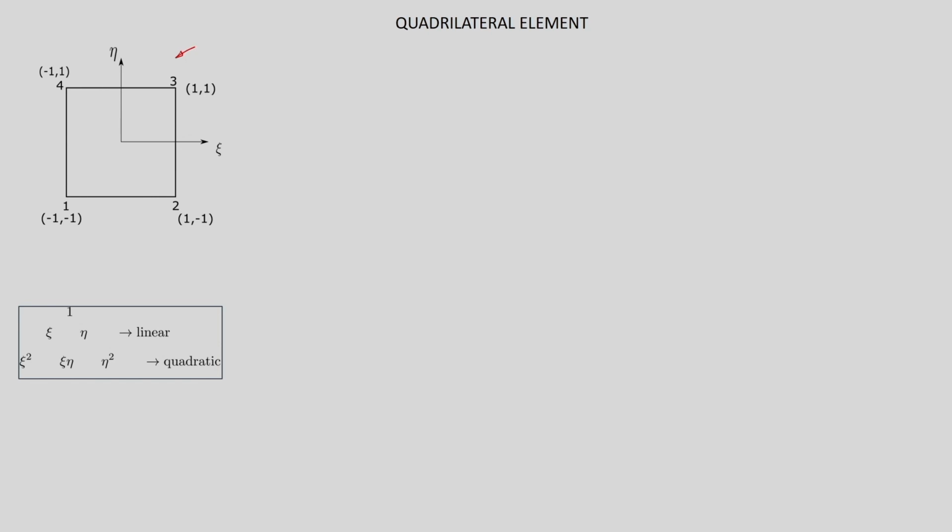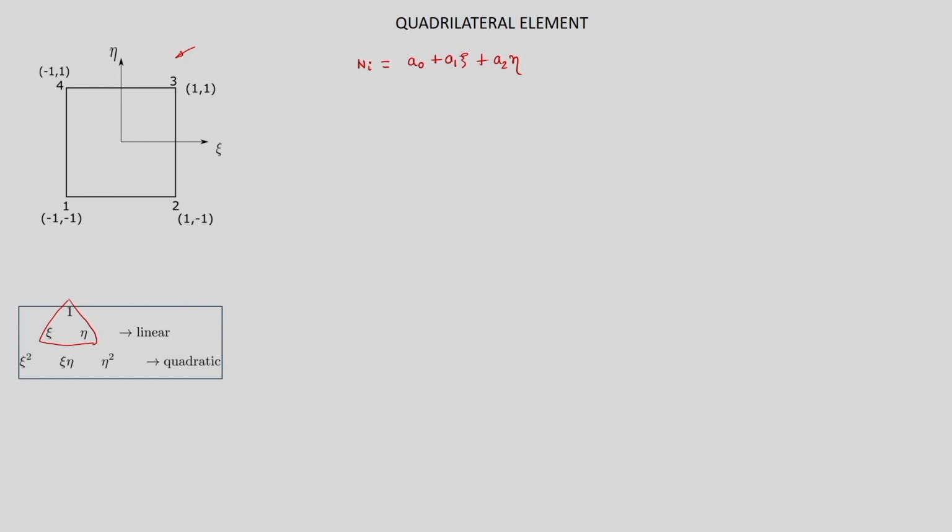So let us construct the shape function for p equal to 1 in this master element. Now in case of the triangular element, we took only these 3 monomials: 1, xi and eta. So earlier our Ni looked like a0 plus a1 xi plus a2 eta, in case of the triangular element. And we defined the values of Ni's at the 3 vertices, and we calculated the coefficients uniquely.